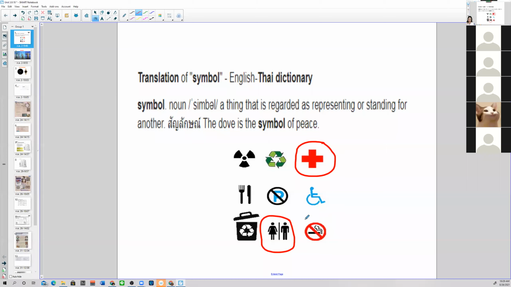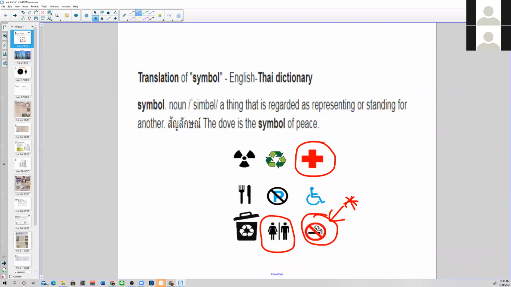What about this one? You must know this. What is the symbol for? Anyone, do you know?